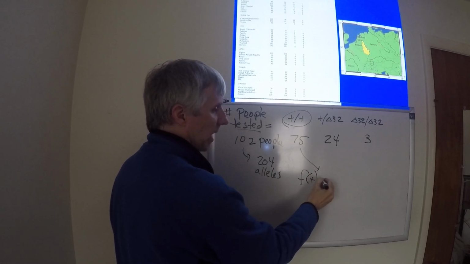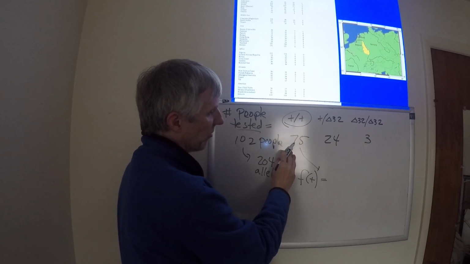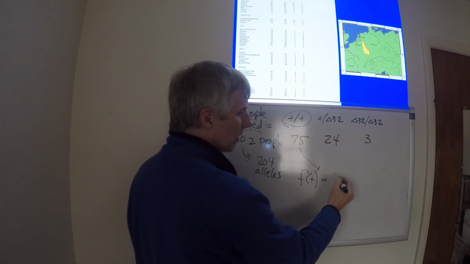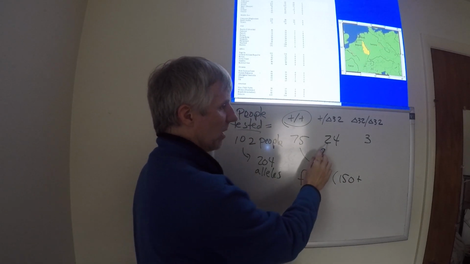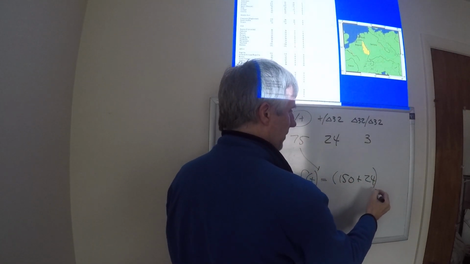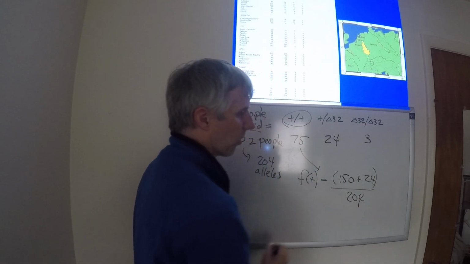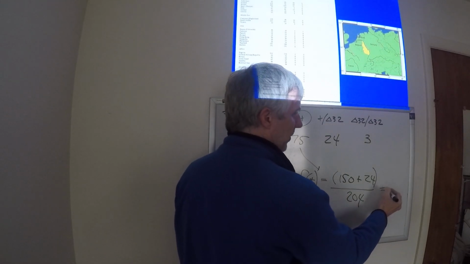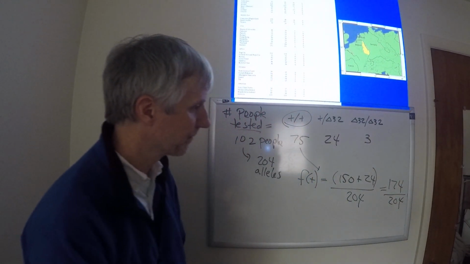Let's do wild-type first. There were 75 people contributing 2 alleles. That's 150 wild-type alleles plus 24 divided by 204 alleles. That would be 174 out of 204.